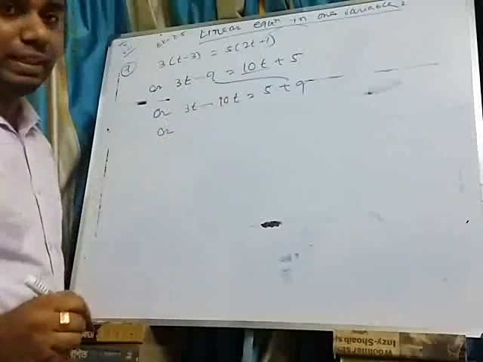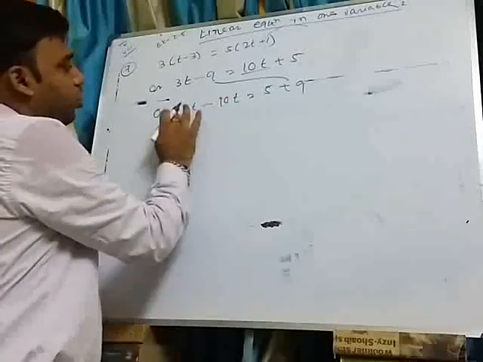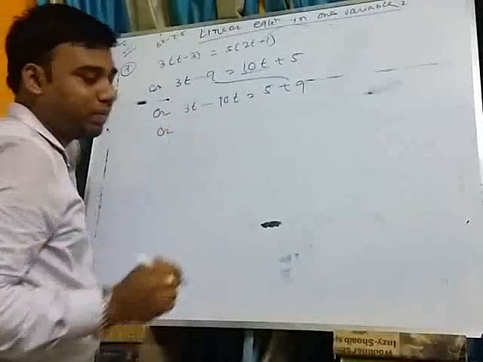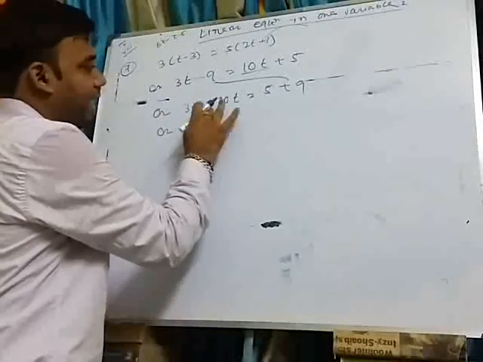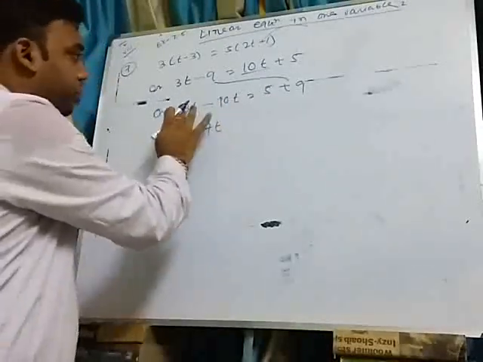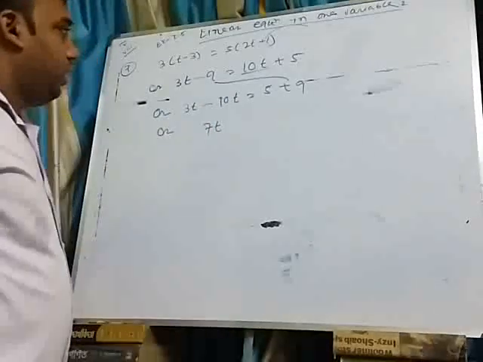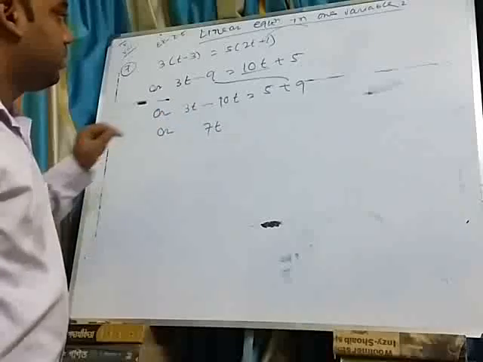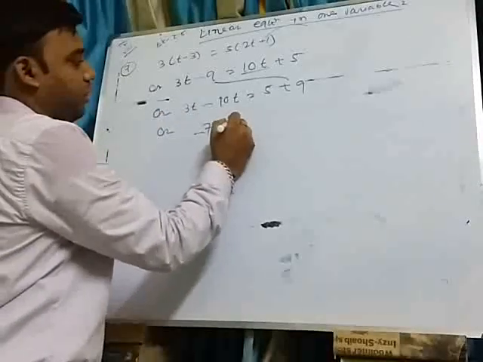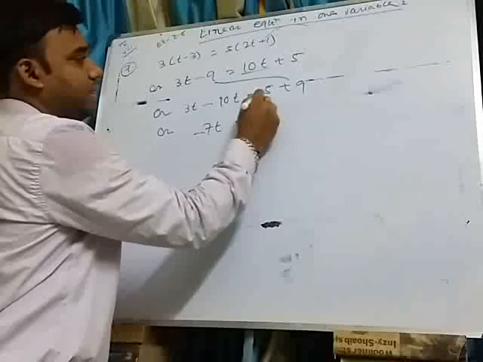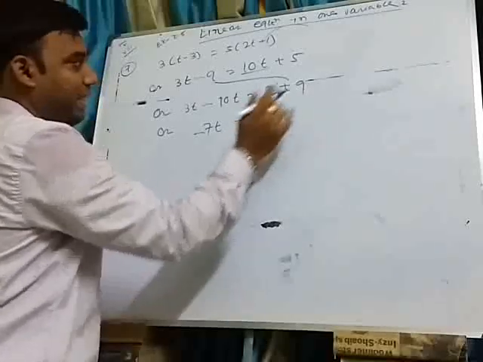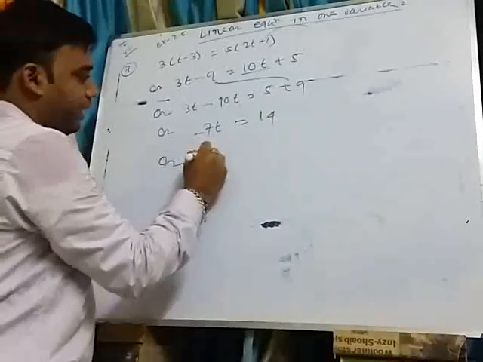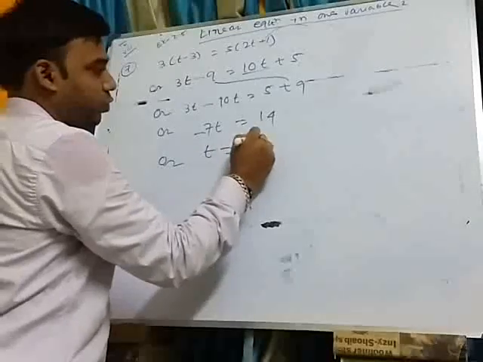Now 3t minus 10t. 3t minus 10t, 10 is the greater number, that's why minus 7t, and 5 plus 9, that is 14. So minus 7t equal to 14.